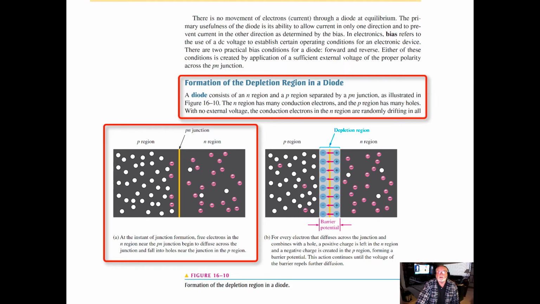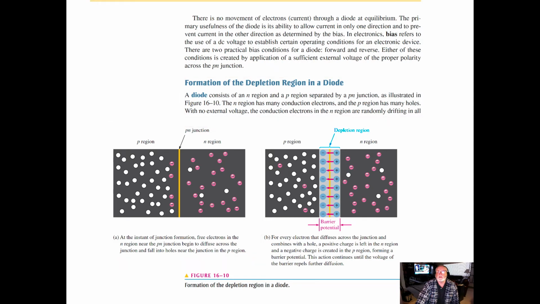The P region has many holes. So you can see there are lots of holes on the left hand side, there are lots of electrons on the right hand side. With no external voltage, the conduction electrons in the N region are randomly drifting in all directions.